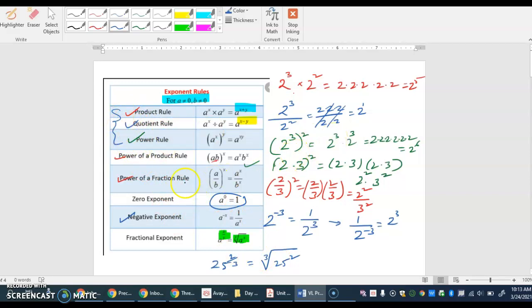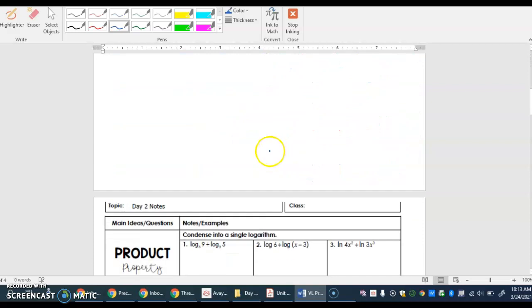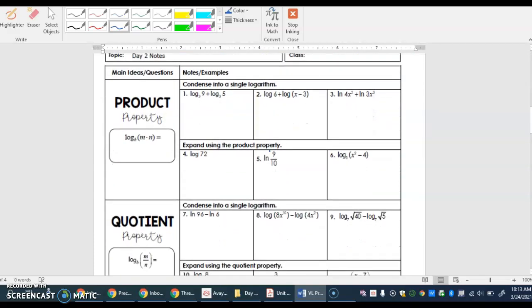rules now. So just like how we have exponent rules, we have logarithmic rules. So that's what we're going to do. We have the product property, the first thing.